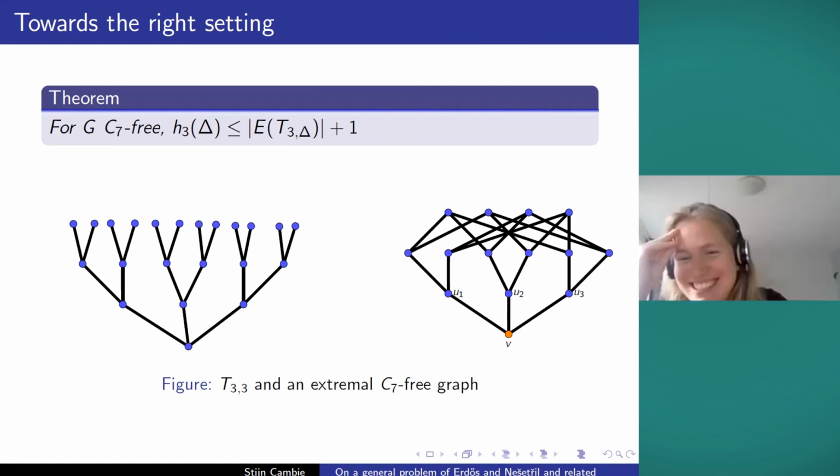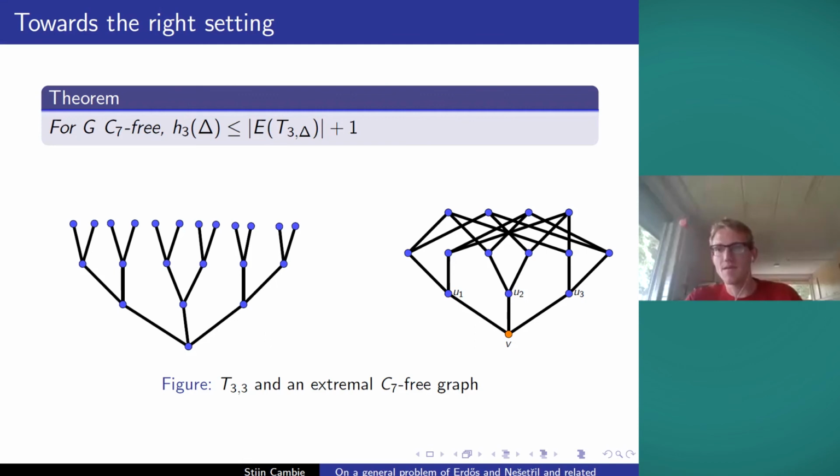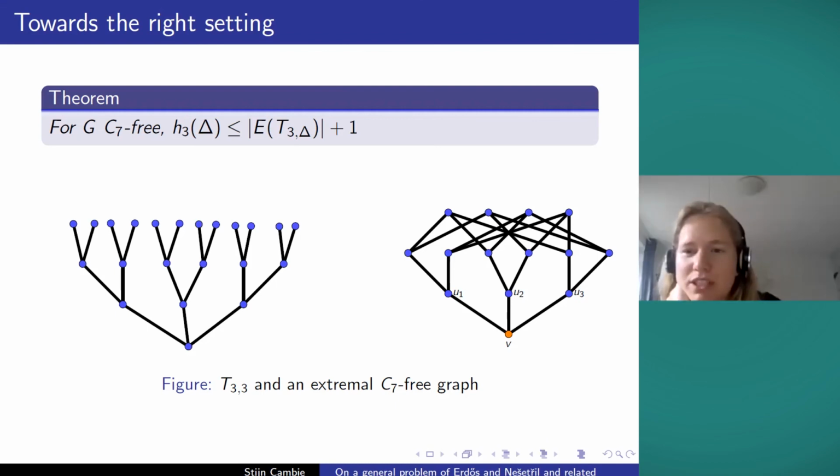Maybe just to make sure I completely understand, because you were saying extremal. If you restrict to the class of graphs not containing the correct cycle, then you do know the exact answer for larger t? Yeah, only for 3, 4, and 6. Oh, okay. Because for large general t, you have the upper bound, but you don't know if it can be attained.